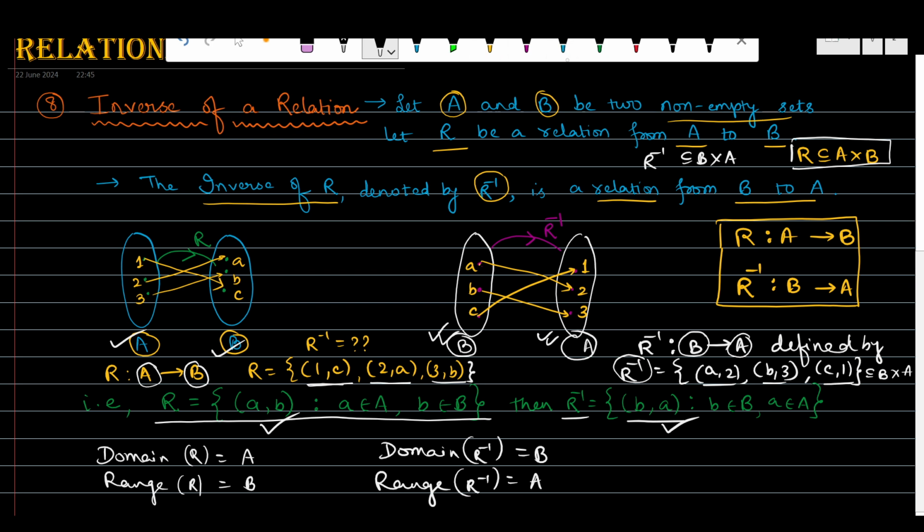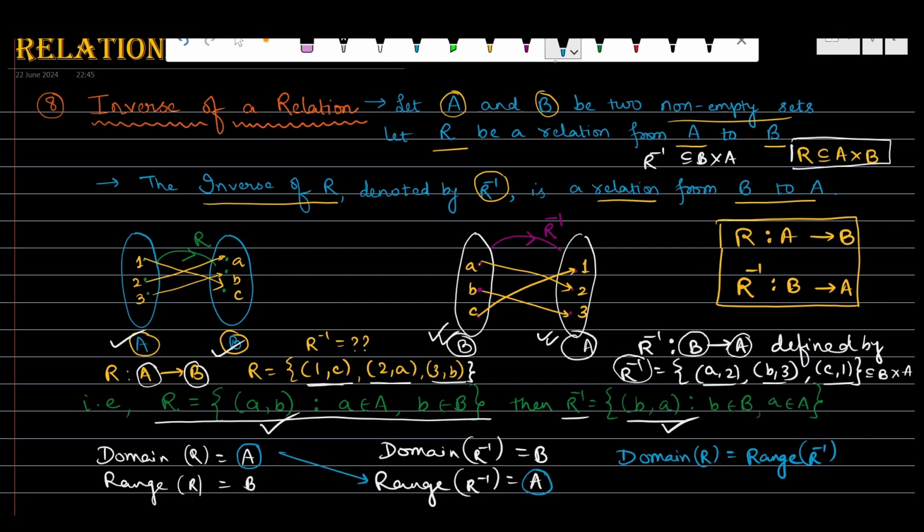So here comes the important relation that the domain of R is equal to range of R inverse. As you may see, domain of R is A, range of R inverse is A. So this is equal to range of R inverse.